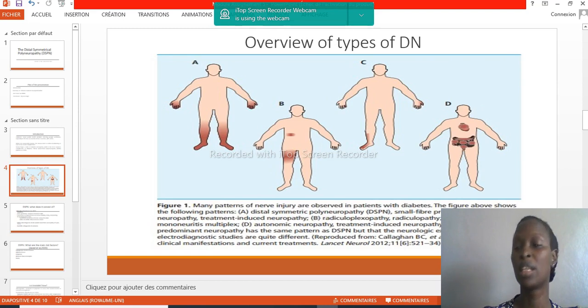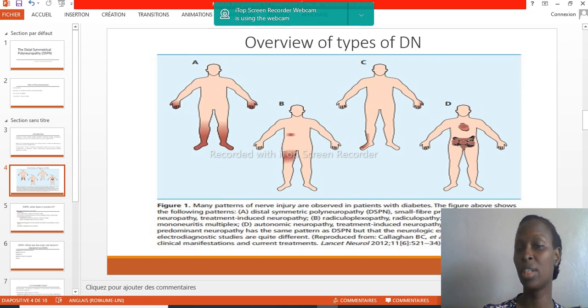So we must exclude all other causes that can cause that condition, and then after we will keep the diagnosis of diabetic neuropathy. So this features clinically the DSPN.